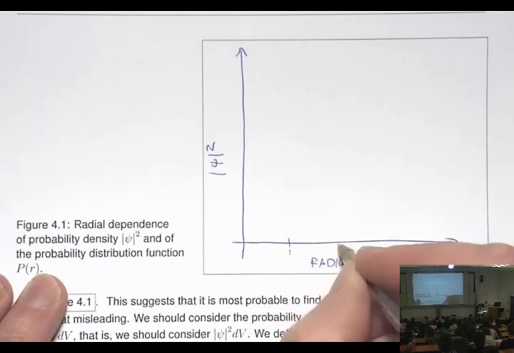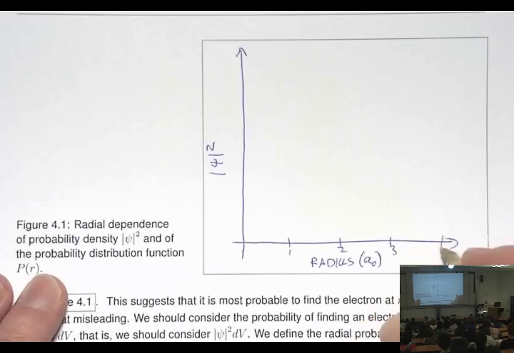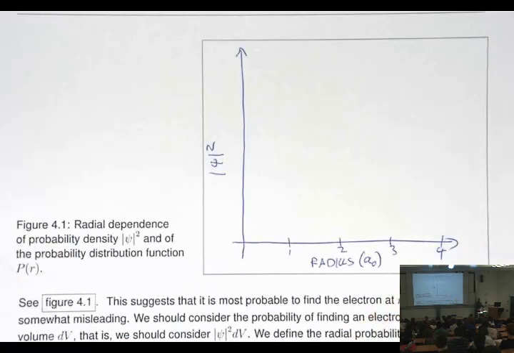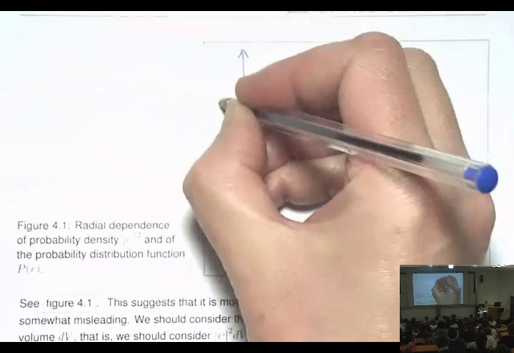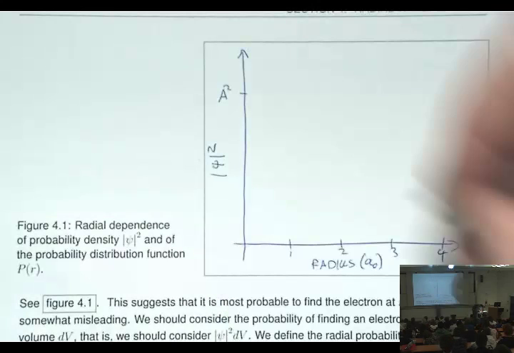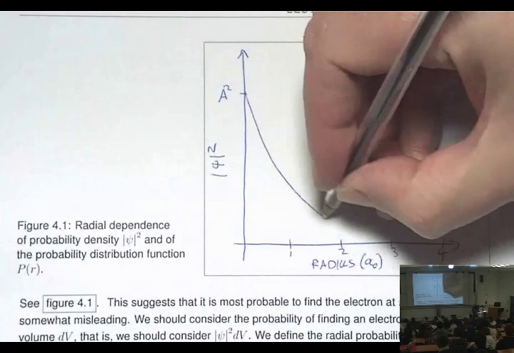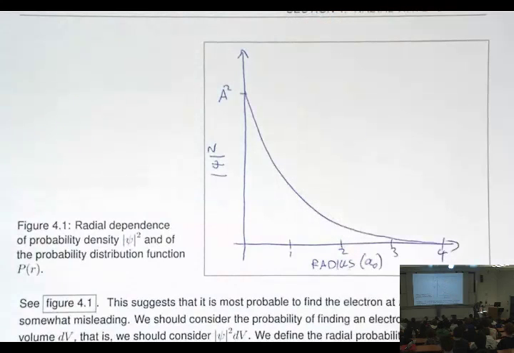So let's do 1, 2, 3, 4: 1 a naught, 2 a naught, 3 a naught, 4 a naught. We can now sketch this using our amazing powers of sketching. It's going to start off at A squared, and it's going to exponentially die off all the way down there. So that is what the square of the wave function looks like, just drawing that function, A squared e to the minus 2r over a naught.